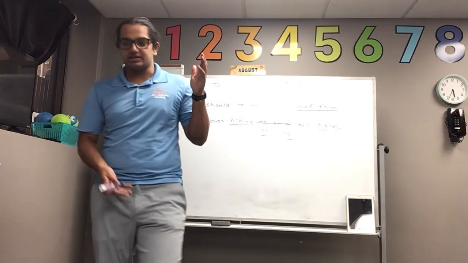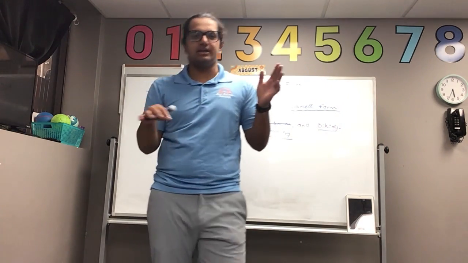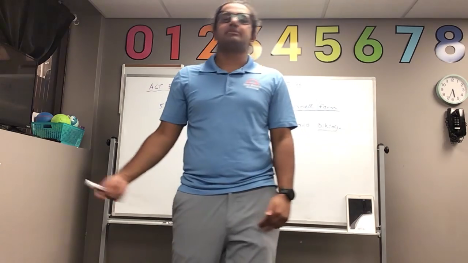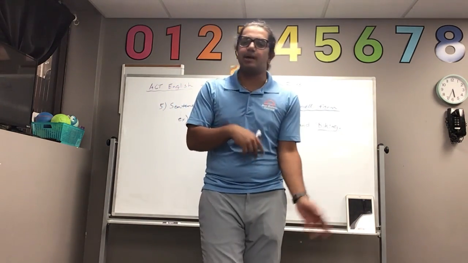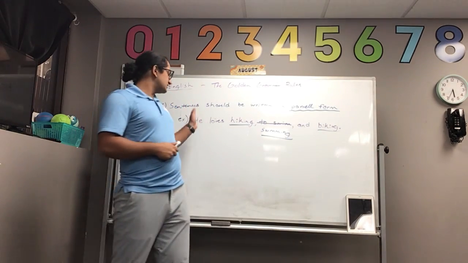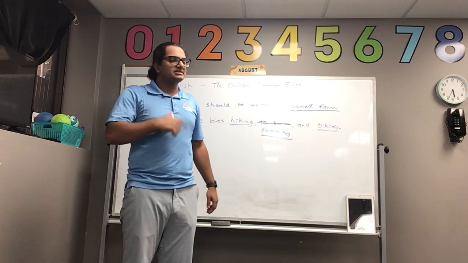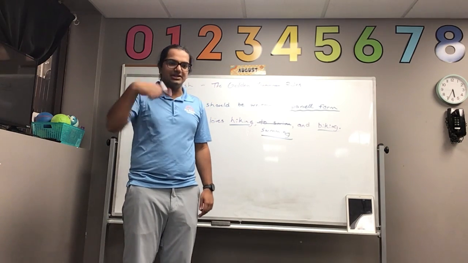When you're doing a comparison or when you're having a list, keep the things you're listing or you're comparing in the same form. That's going to make it easier to digest for the reader and not make your sentences sound so choppy. So even though he loves to swim, it's fine. The ACT is going to say, this is not an author's choice. This is the way it should be written.